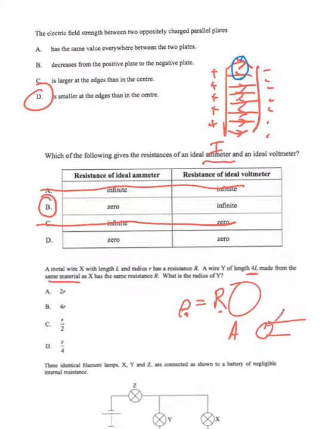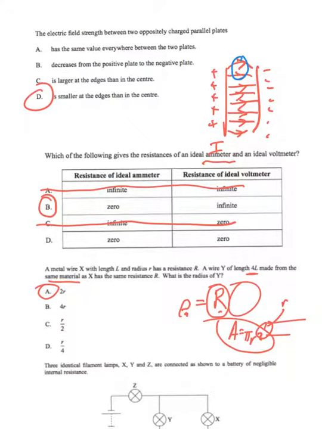If we're looking at the radius of the wire, then area is pi r squared. Use that in this relationship. Make the length 4 times as big. What does the radius have to be in order for the resistance to stay the same? You should end up getting letter A, 2R here.